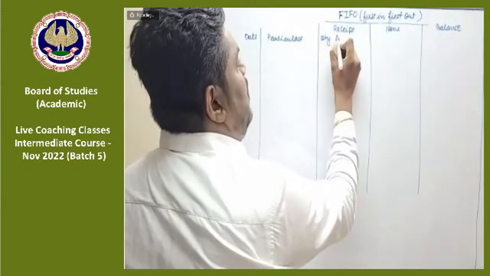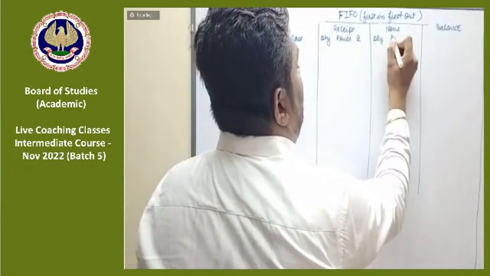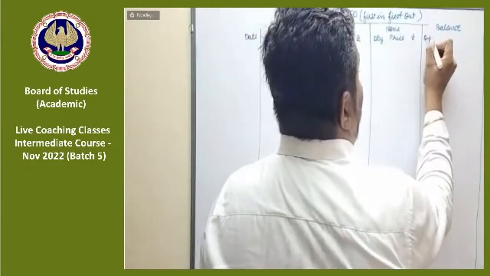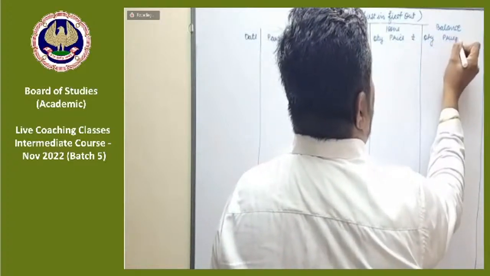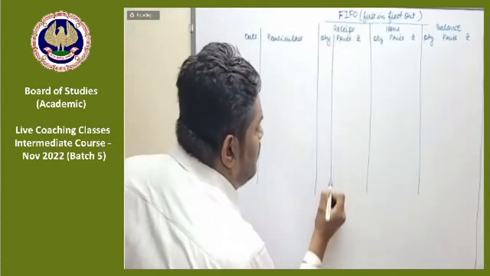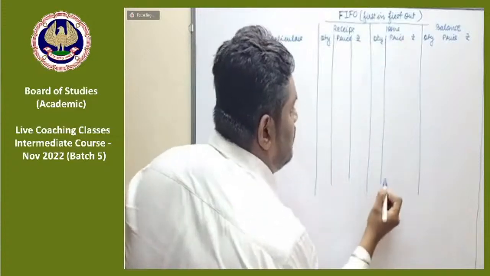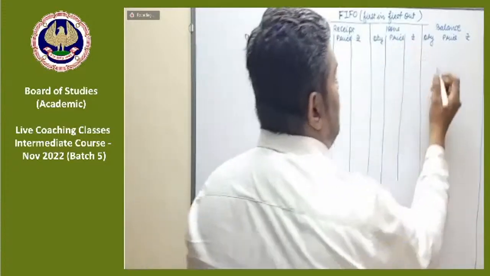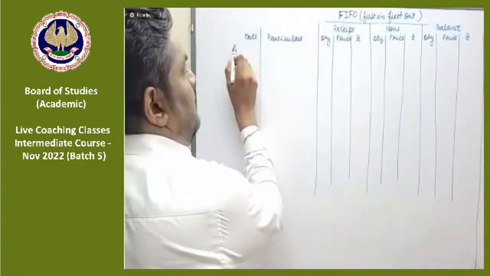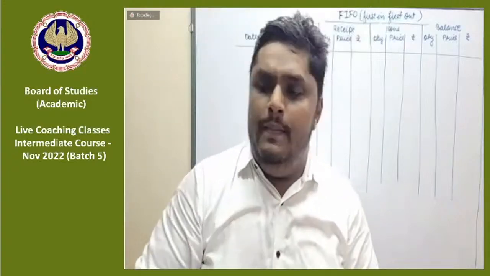So we'll make separate columns for quantity, price and the total amount. Similarly, for issue also quantity, price and total amount, and the balance also quantity, price and the total amount. So this is how the stores ledger will be prepared.